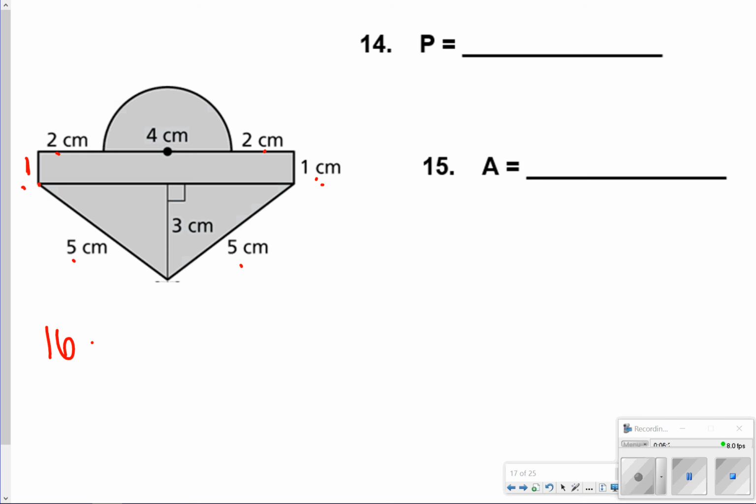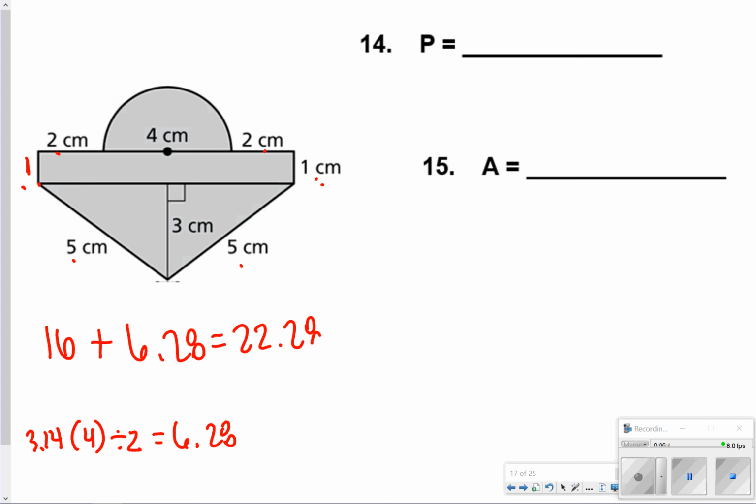But I still need to find the perimeter of that semicircle, so that should have been 3.14 times 4 divided by 2. So that's going to give us 6.28. So you're going to add 16 and 6.28 together, and that will give you 22.28. So that's going to be your perimeter for that first one in number 14.